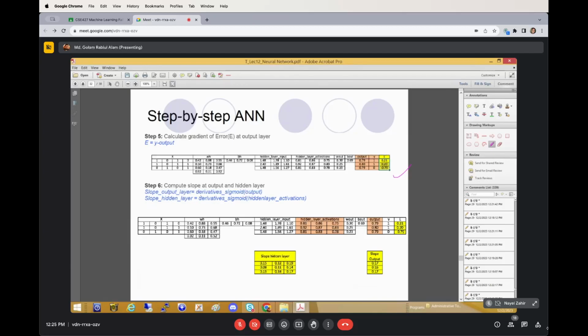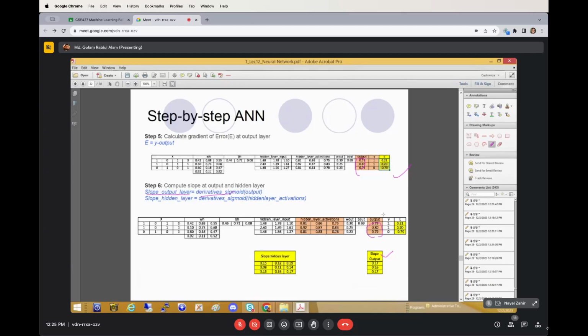So it is the derivative of the sigmoid of output. So derivative of sigmoid of output. So these are the output, and then if we take the derivative of this, then we will get the output layer slope. So how can we find out the derivative?